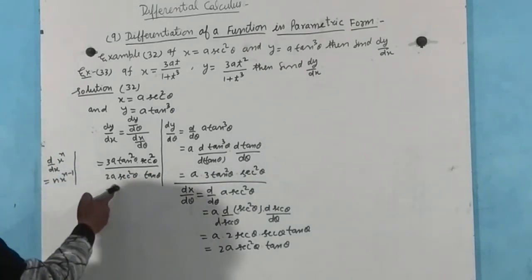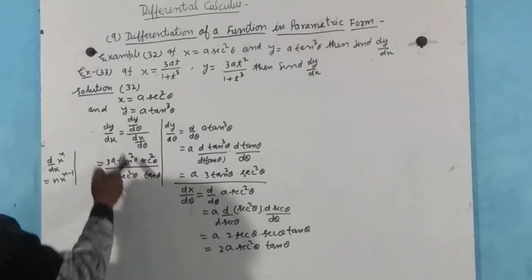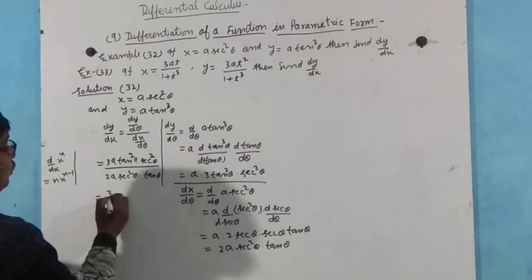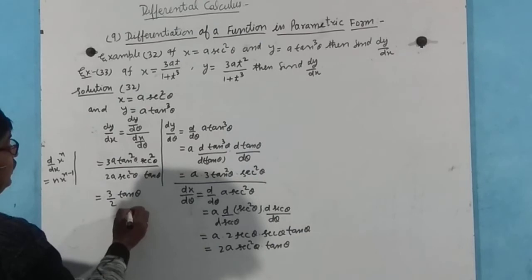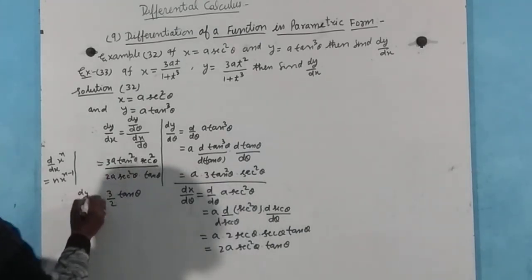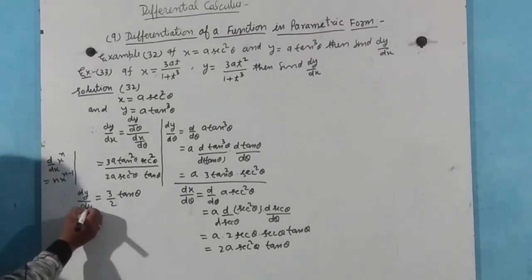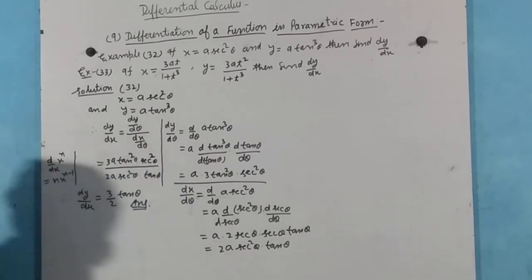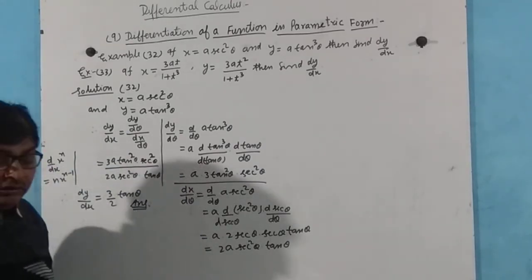The a and sec square theta cancel, and of tan square theta only tan theta remains, giving 3 by 2 tan theta. This is the answer: dy by dx is equal to 3 by 2 tan theta.